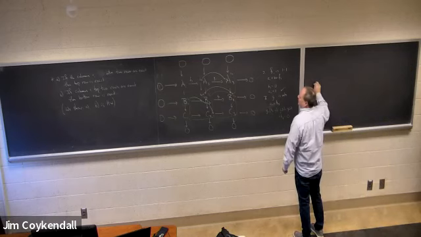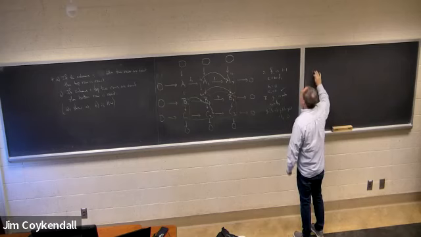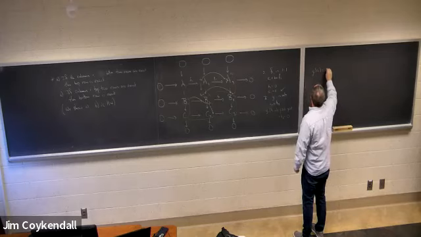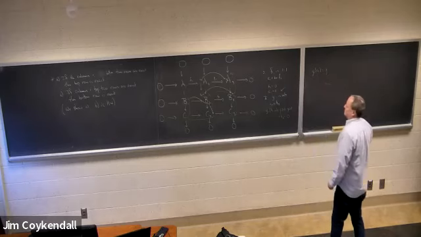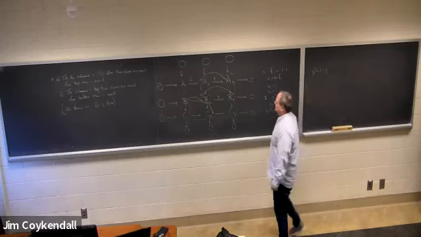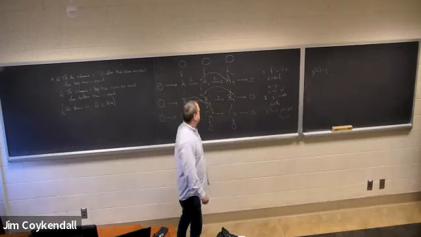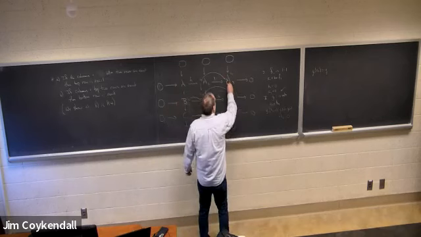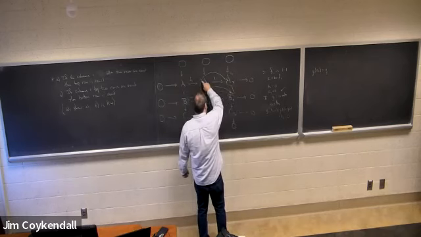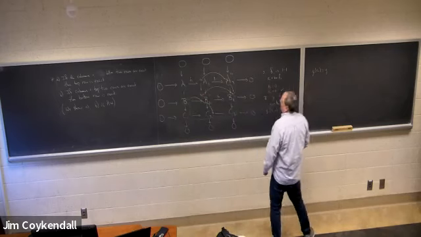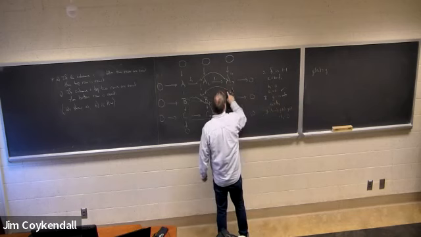G1 of A2 is equal to Y. And where does Y go? Y has to also go to B3, doesn't it? Because the diagram commutes. This goes to B3, so Y goes to B3.